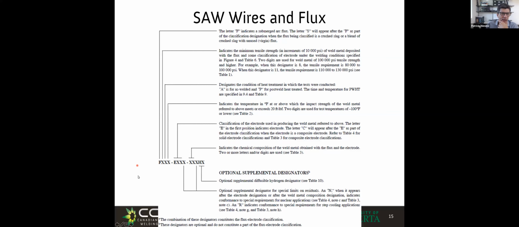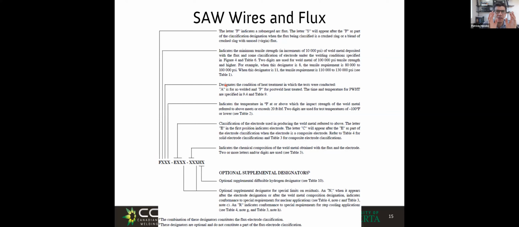Then we have three spaces, right? And this is similar to flux core. The number that follows, for example a 7, means 70 KSI. They don't write a 70 anymore, they write only a 7. And then what follows is quite complex. It's just a letter.